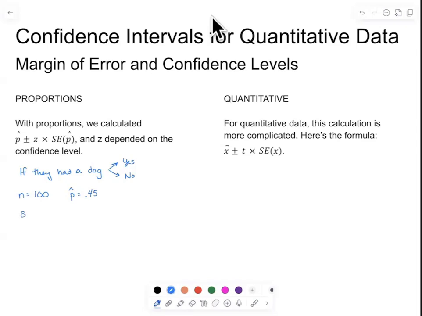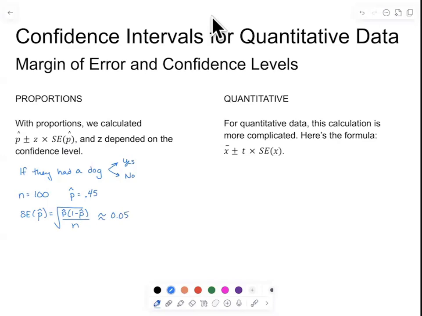From that, we could figure out the standard error of p hat, which is the square root of p hat times 1 minus p hat over n. In this case, that would be about 0.05.